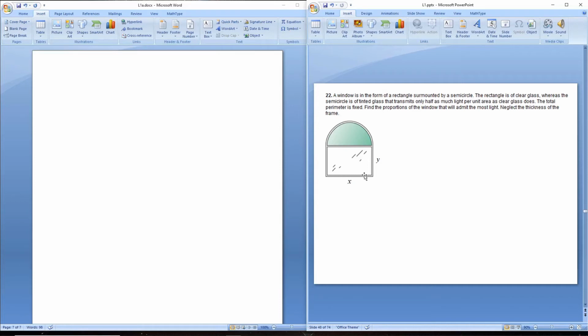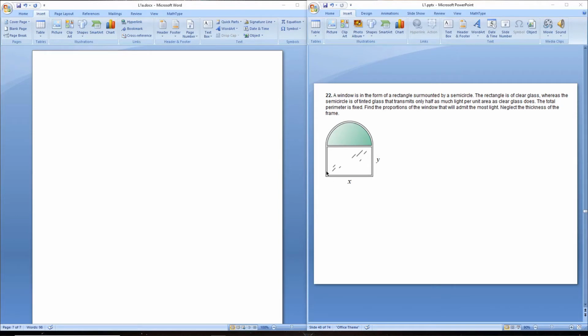And now notice, by calling this bottom rectangle x, that means the radius of this circle then is x over 2. Cut it in half for the radius there. So this x is given the diameter, but we'll need the radius for the circle there. So now we have some variables here. We can see then what the total perimeter is fixed means.